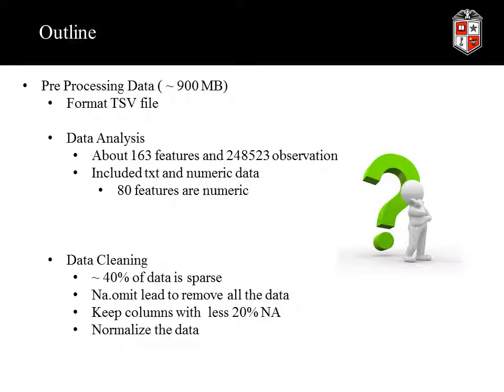As a challenge, I was not able to use the omit function to remove the old data because it would lead to an empty data set. To overcome this challenge, I removed the columns, out of those 80 features, that had more than 20% missing data.